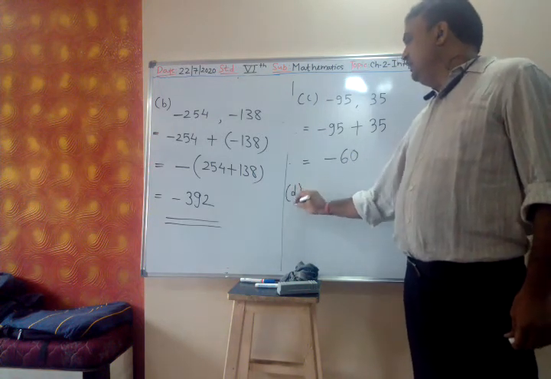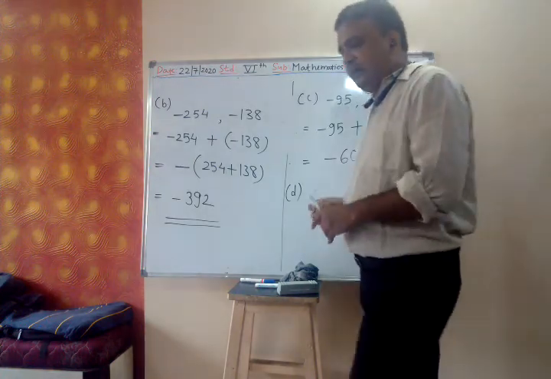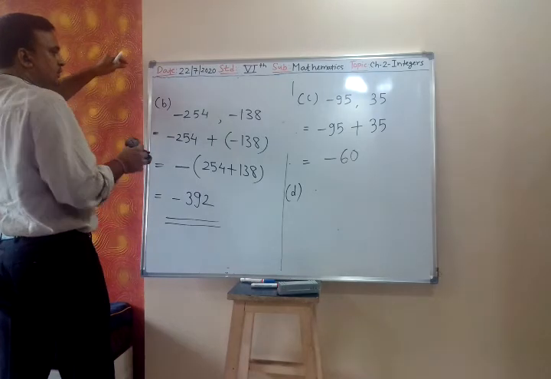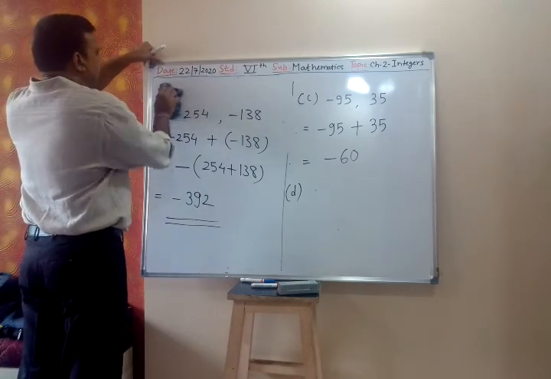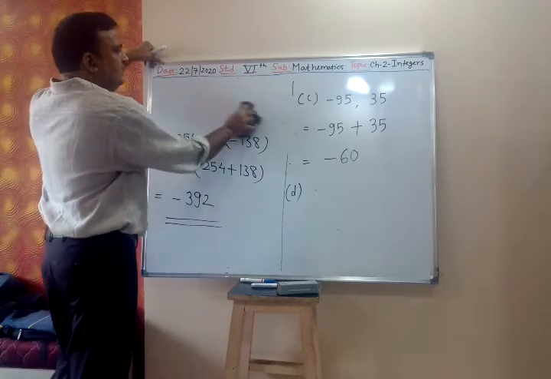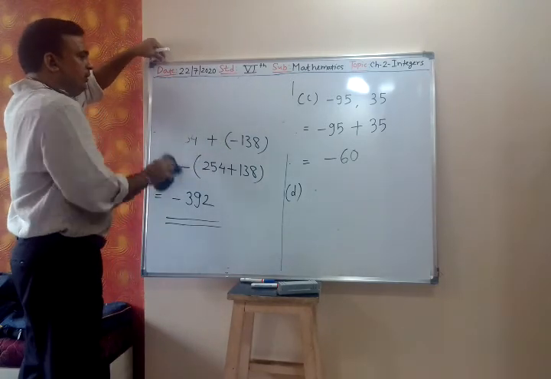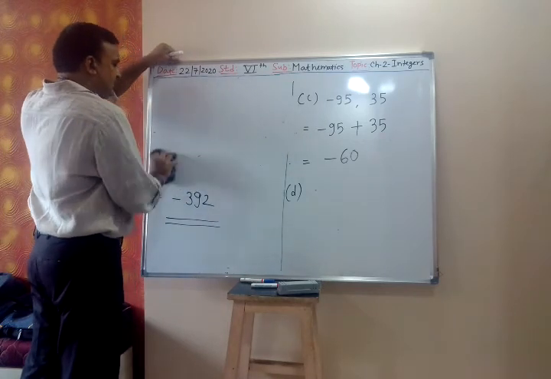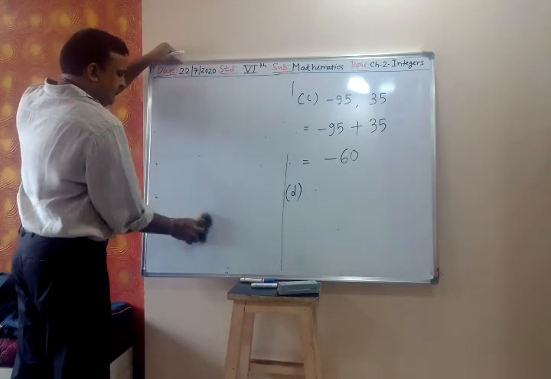Now let us write D. Minus 95 plus 35. What is sign of 95? Minus. What is sign of 35? Plus. They have opposite sign.